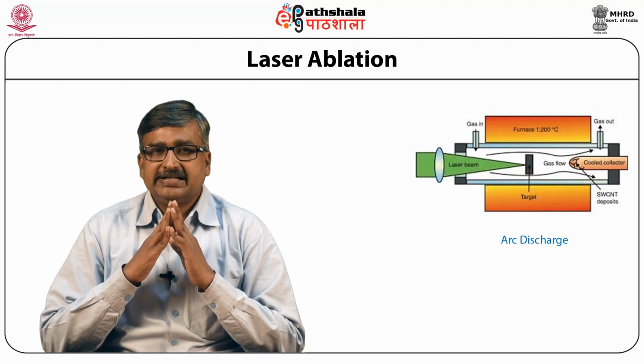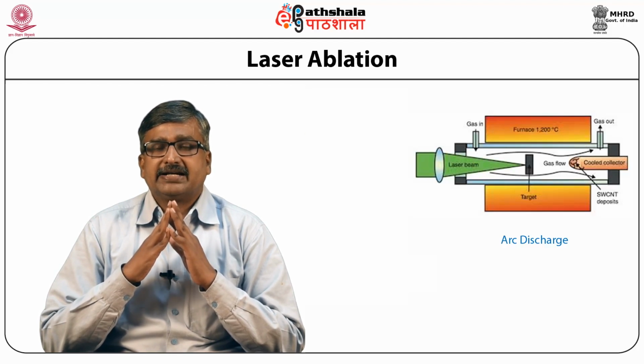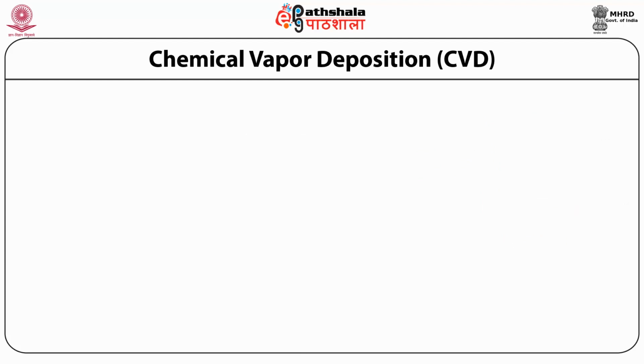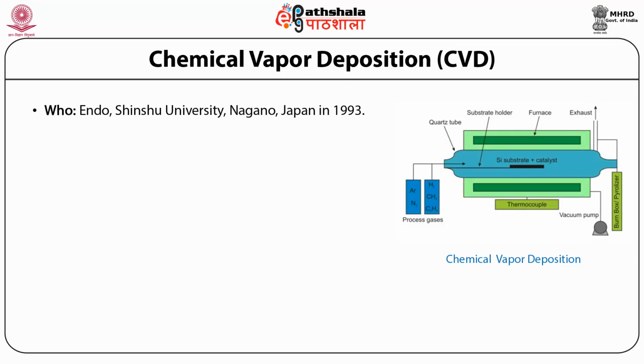Defects are very few in this case because this is a high temperature process. Now, the chemical vapor deposition technique. This CVD technique was introduced by Japanese scientist Endo from Nagano in 1993.